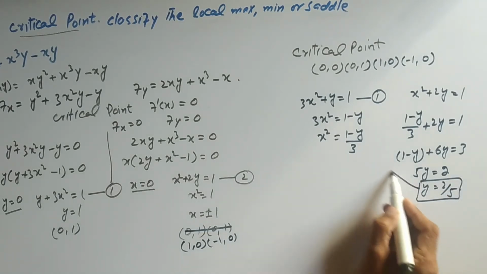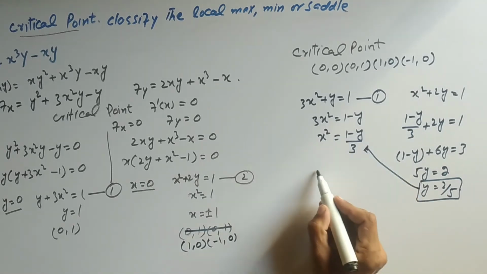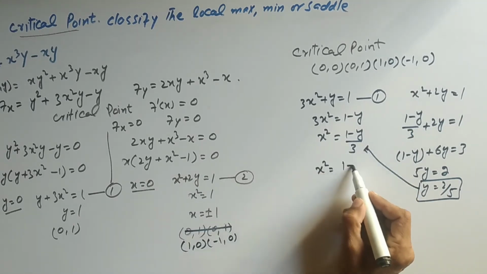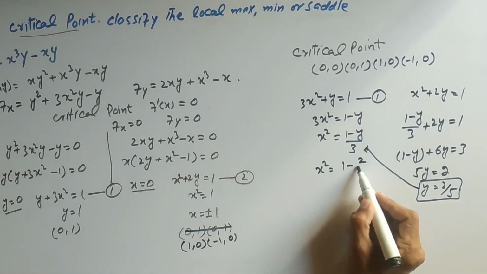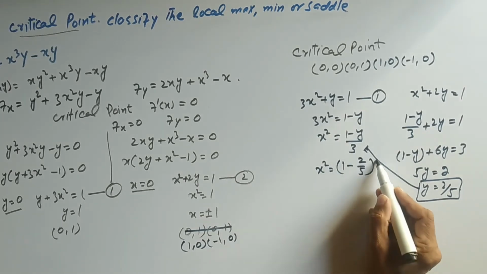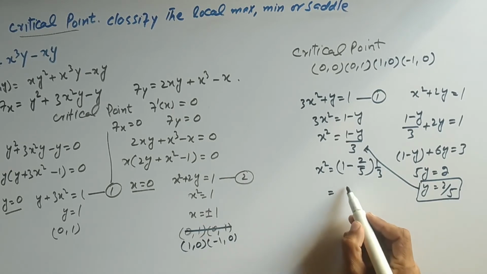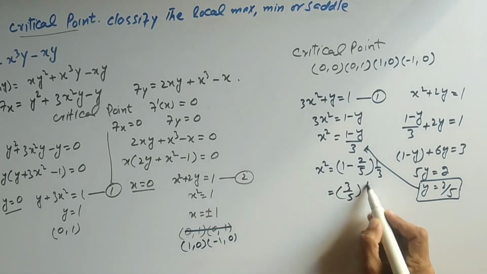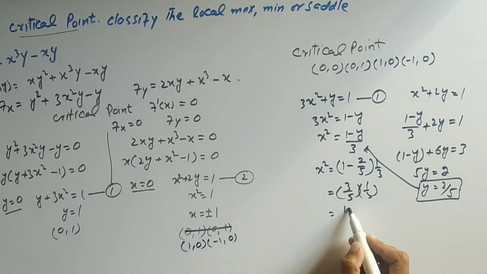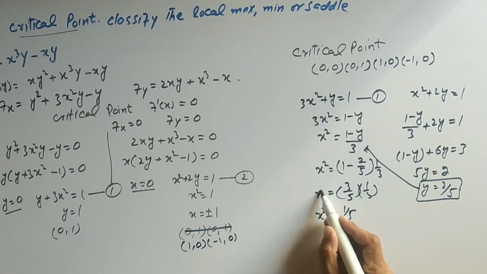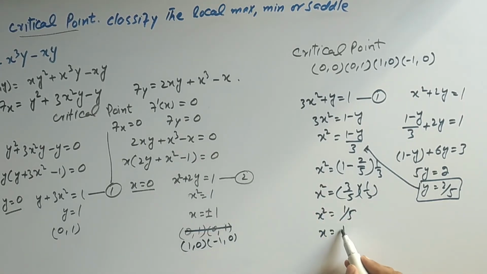Now put this value into this equation. x square equals (1 minus 2 by 5) times 1 by 3, so this will be 3 by 5 times 1 by 3, so x square equals 1 by 5. So x will be plus or minus 1 over root 5.